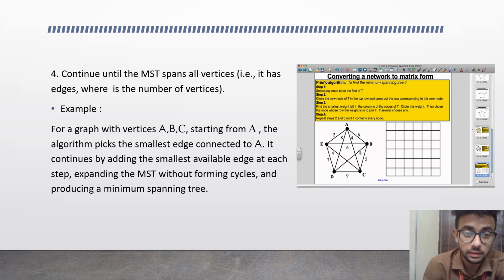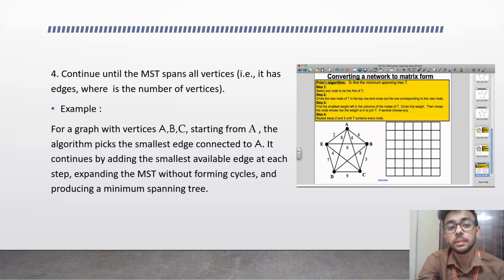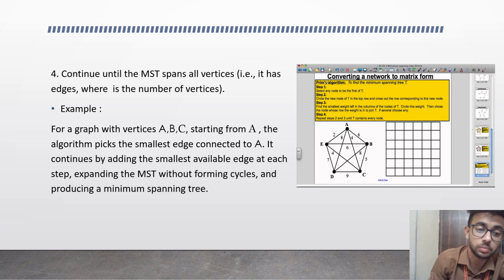Let us take an example. For a graph with vertices a, b, c, starting from a, the algorithm picks the smallest edge connected to a. It continues by adding the smallest available edges at each step, expanding the minimum spanning tree without forming cycles and producing a minimum spanning tree.